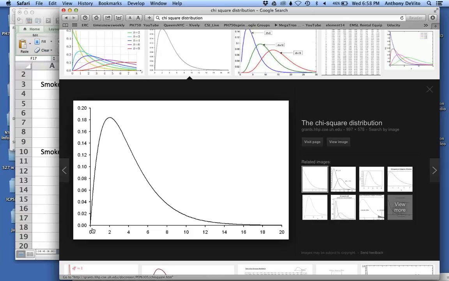Now, what's going to happen is that it's never going to be below zero because we're dealing only with positive numbers here. This curve represents the probability of getting this big a difference, for chi-square, for that value, the differences between the four cells, if there's no association between smoking and aortic stenosis.